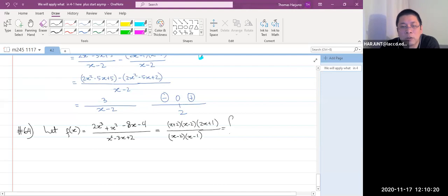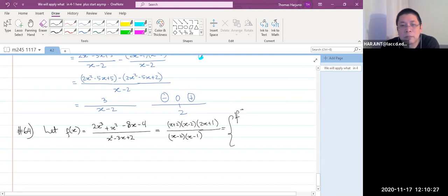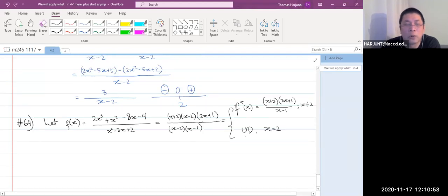Okay, so the simplified version, f star again, will be (x plus 2)(2x plus 1) over (x minus 1). For x not equal to 2, it will be undefined when x equals 2. That will be our hole. Let's do that first.